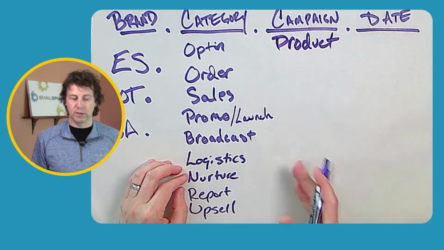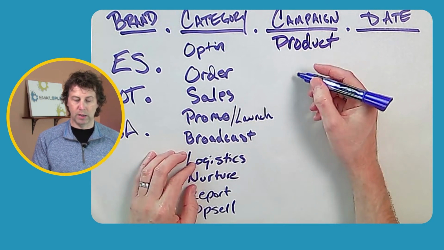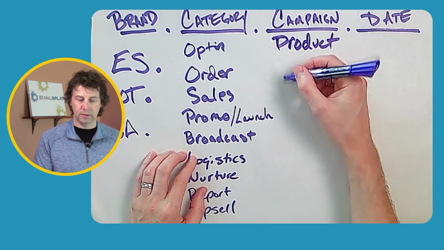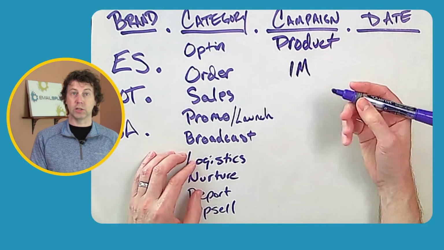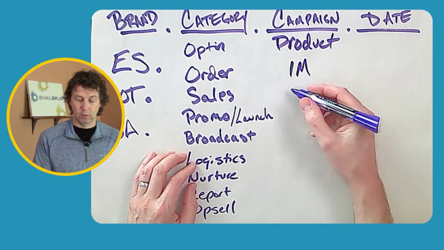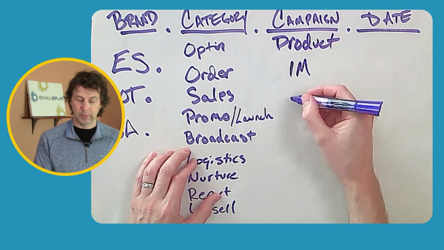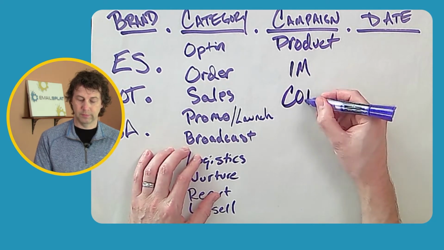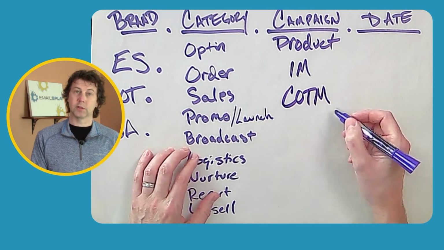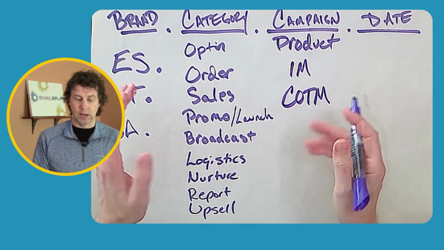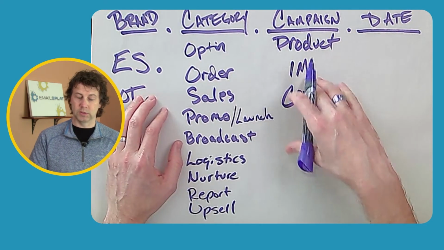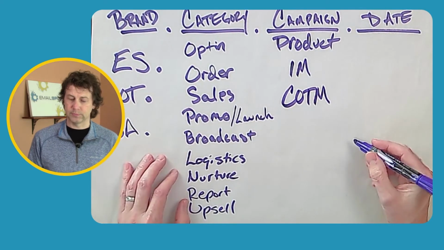I would name this after the name of a product. Like in my case, it might be IM for Integration Magic, one of my training programs. Or it might be Custom Objects, the manual, another one of my training programs. So these can mix and match now, and now I can make something specific for these programs.